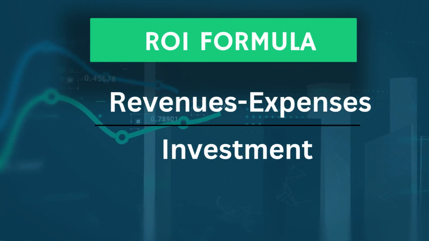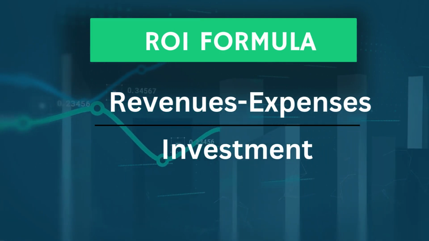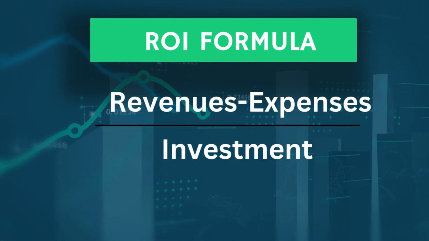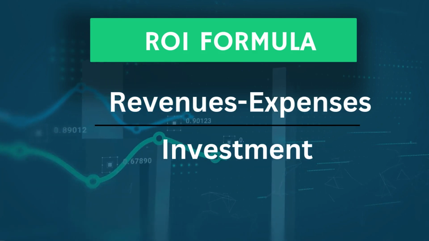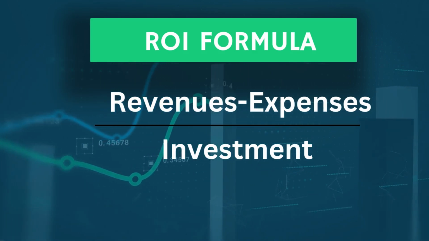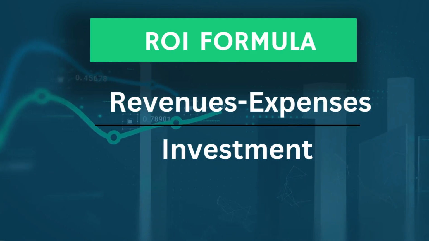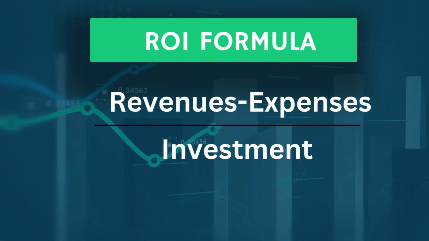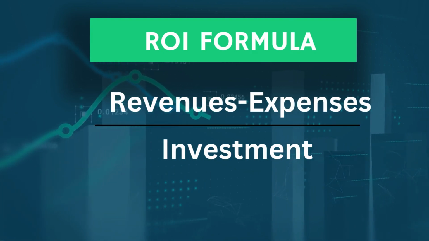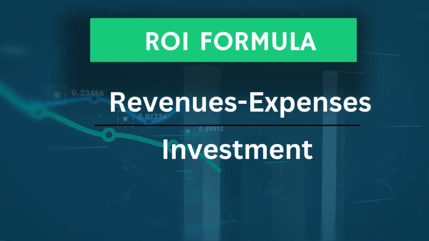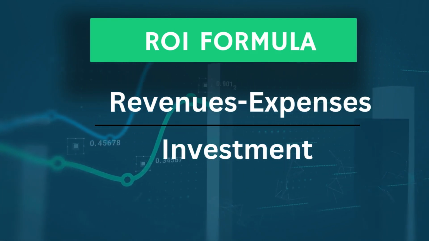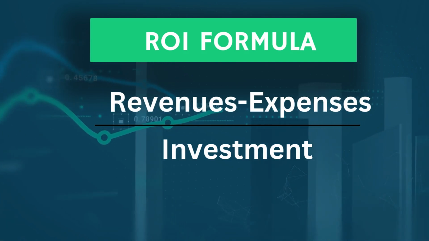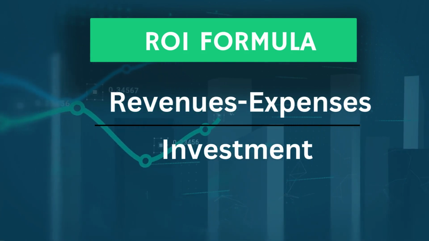This formula for ROI is used in all sorts of industries, from FMCGs to telcos. Everyone uses this same formula, but obviously, from industry to industry and case to case, the streams of revenue, forms of expenses, and types of investment keep on changing. Since we are in telcos, next we'll see how, in the telco business and in our franchise business model, we can calculate revenues, expenses, and investments.